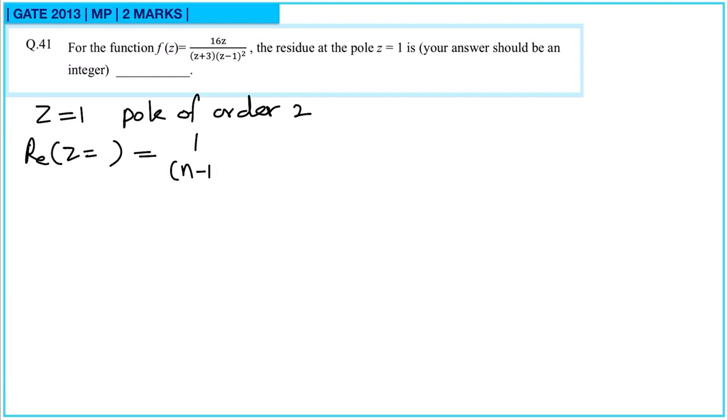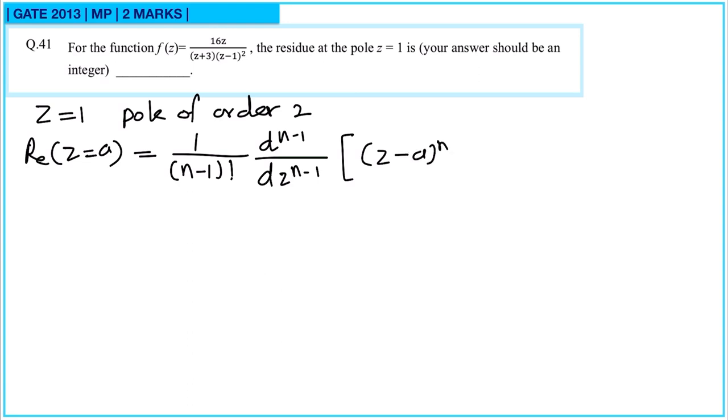If you want to find the residue at any point a, then 1 upon n minus 1 factorial, then we have d^(n-1) by dz^(n-1) of z minus a raised to n into f of z, at z is equal to a.